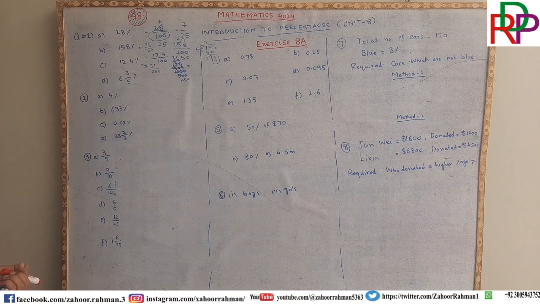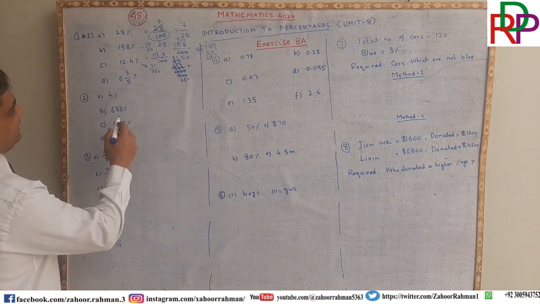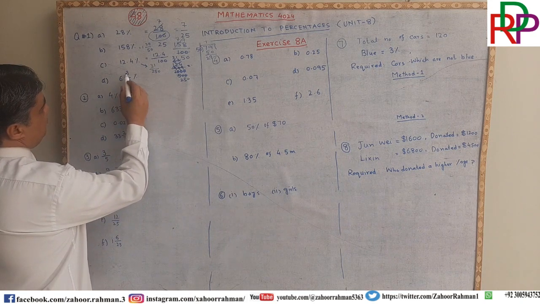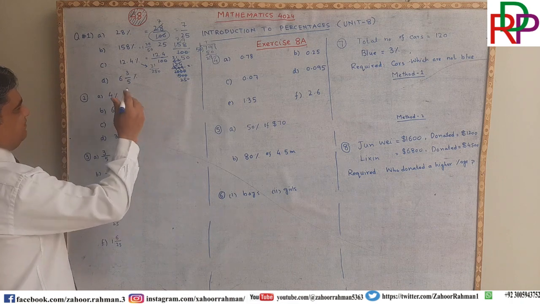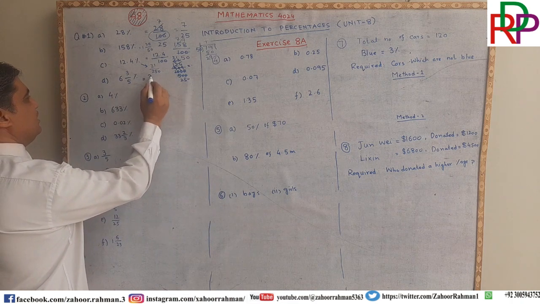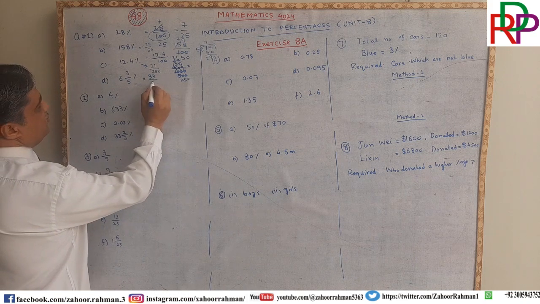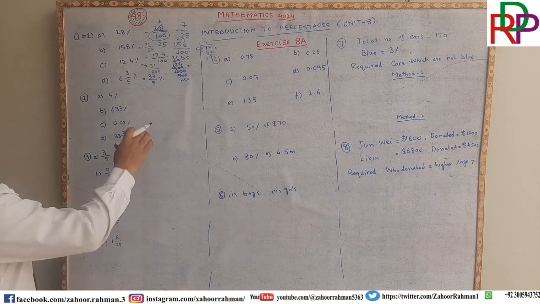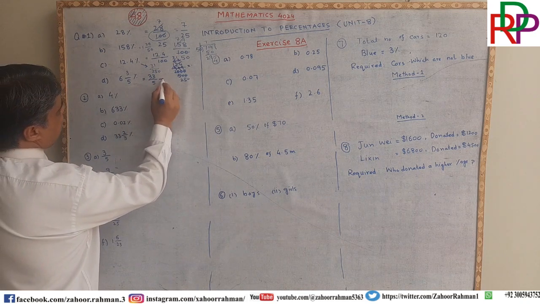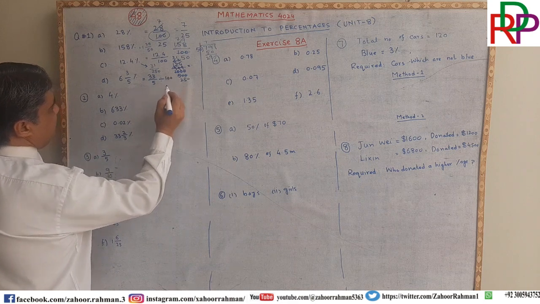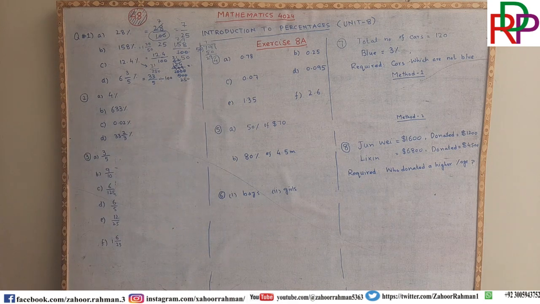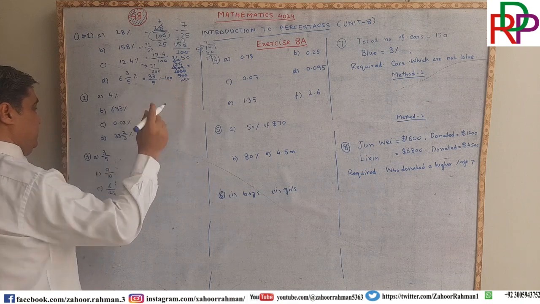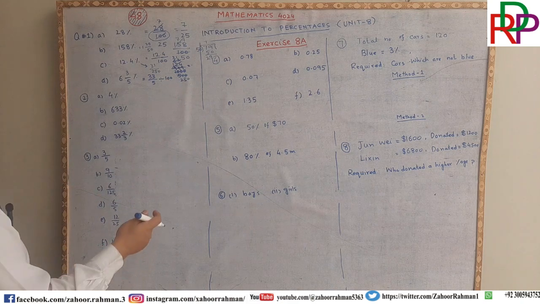Now the final part. First you have to remove the mixed fraction, so it will be equal to 33 over 5 percent. And this percent can be written as divided by 100. When you want to remove this percent symbol, you have to introduce per, which means division, and 100.